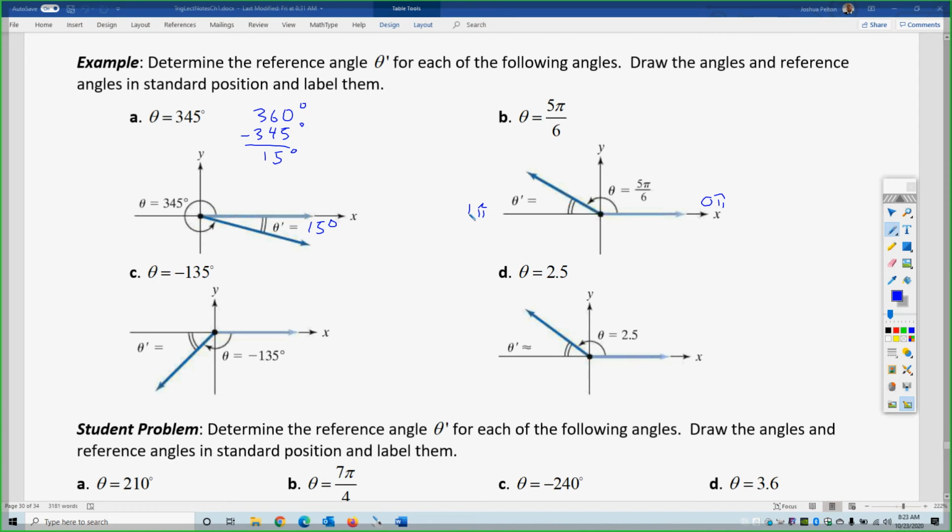So if I did 5/6, the remainder is 1/6 left over for my reference angle. If I have negative 135, I almost made it halfway around because this is 0 degrees, this is negative 180, because pi is 180. So I almost made it 180 degrees, so 180 minus 135, doesn't that make it 45 degrees? But the reference angle can only be a positive answer. Reference angles are always positive.